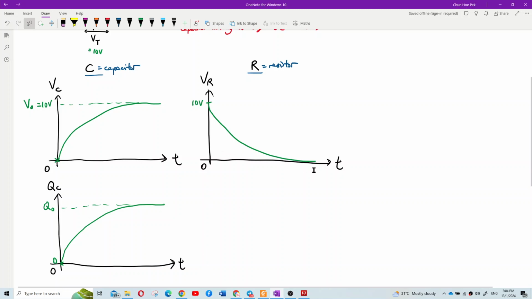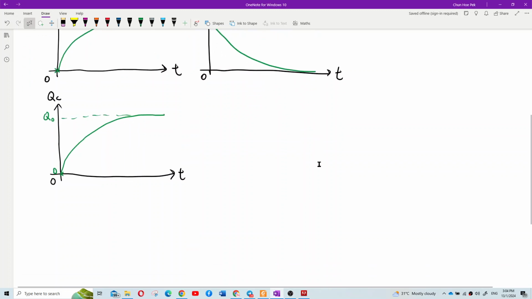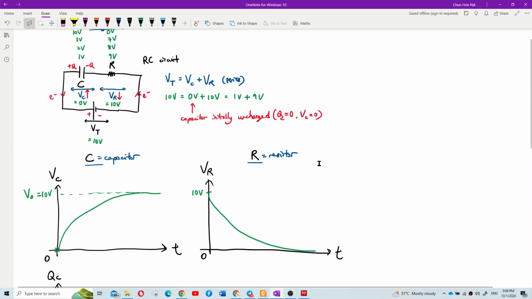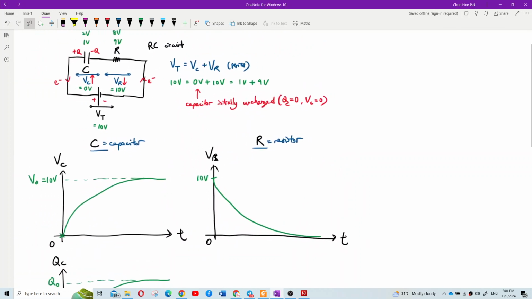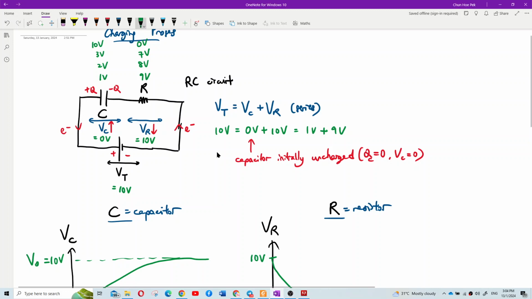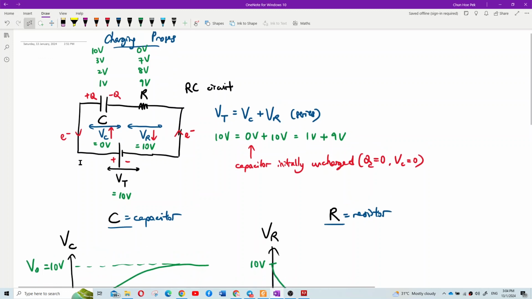Now the next thing is the current graph. What happened to the current in the circuit, class? Just now we were talking about charging the capacitor.